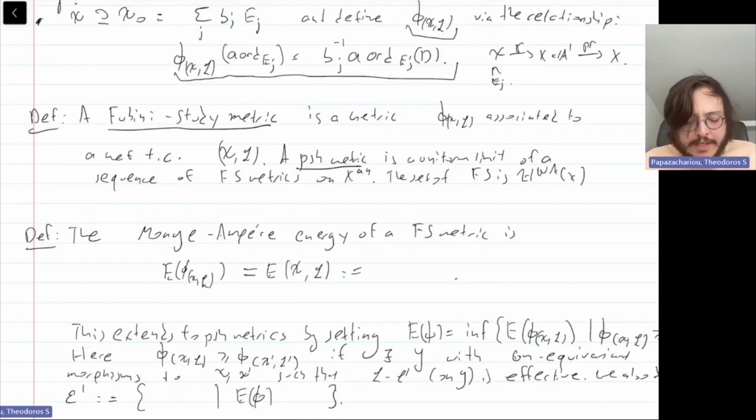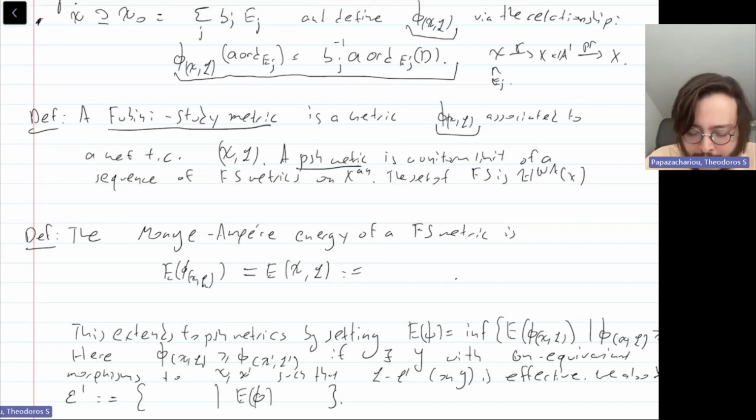So the first definition on this side is what we call a Fubini-Study metric. So this is a metric or continuous function, this phi of chi L, associated to this nef test configuration. And here, nef test configuration, I'm just assuming that the line bundle curly L is nef on curly x.